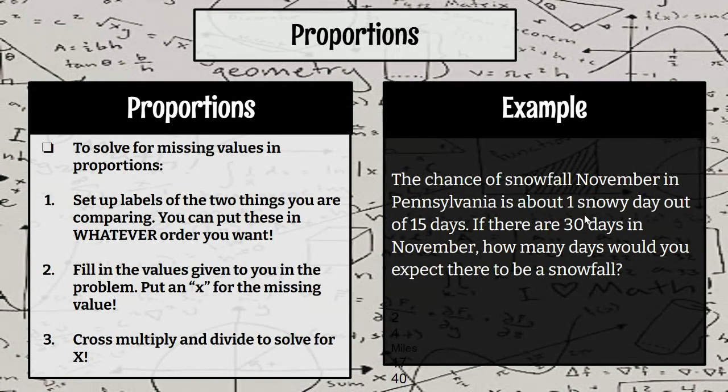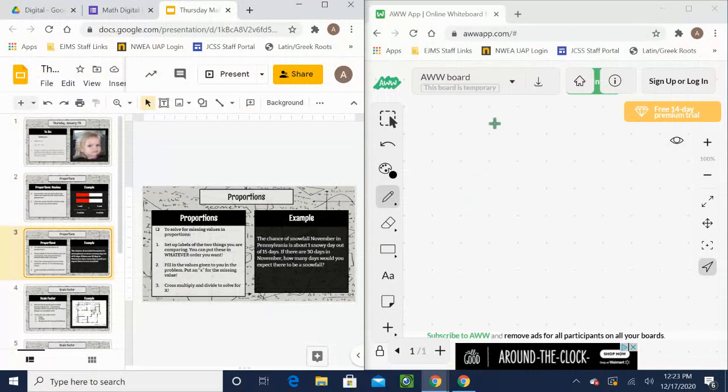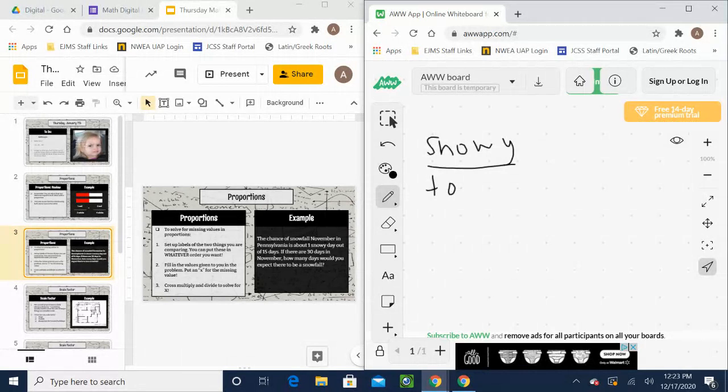So right here, I see 1 snowy day and 15 total days. So I'm going to set up my labels to be snowy to total. You could put snowy days, you could put an S, whatever. It tells me that there is 1 snowy day out of 15 days.